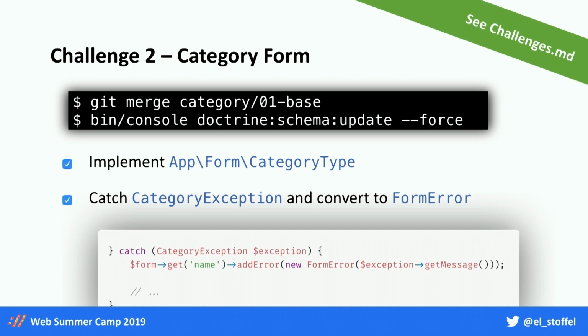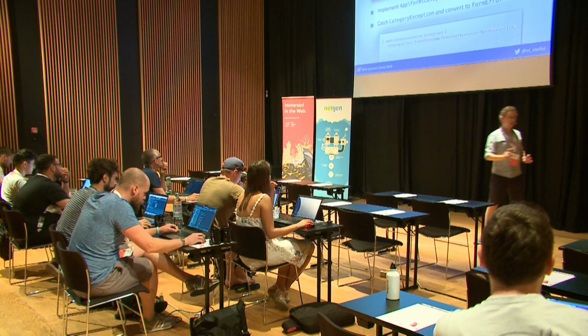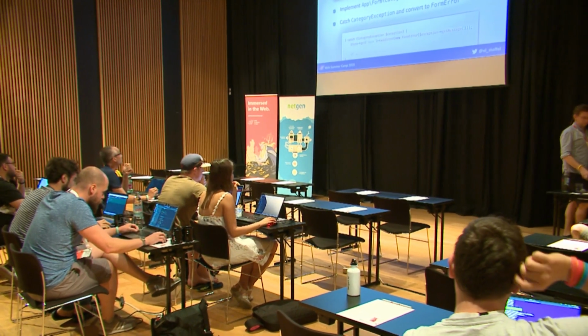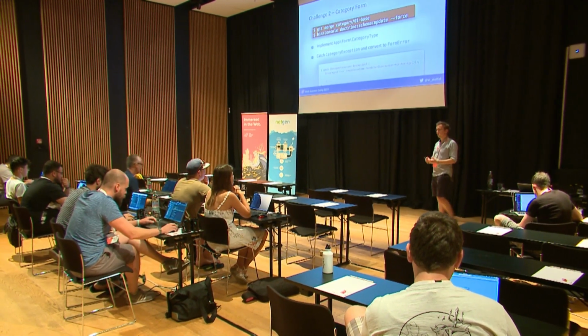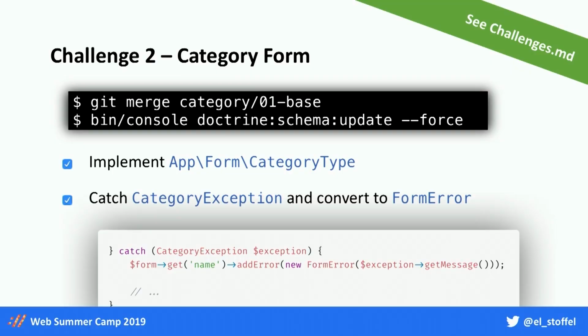This example of exception handling is from the empty data. So if you have the closure for the empty data option, you will have to do exception handling like that.